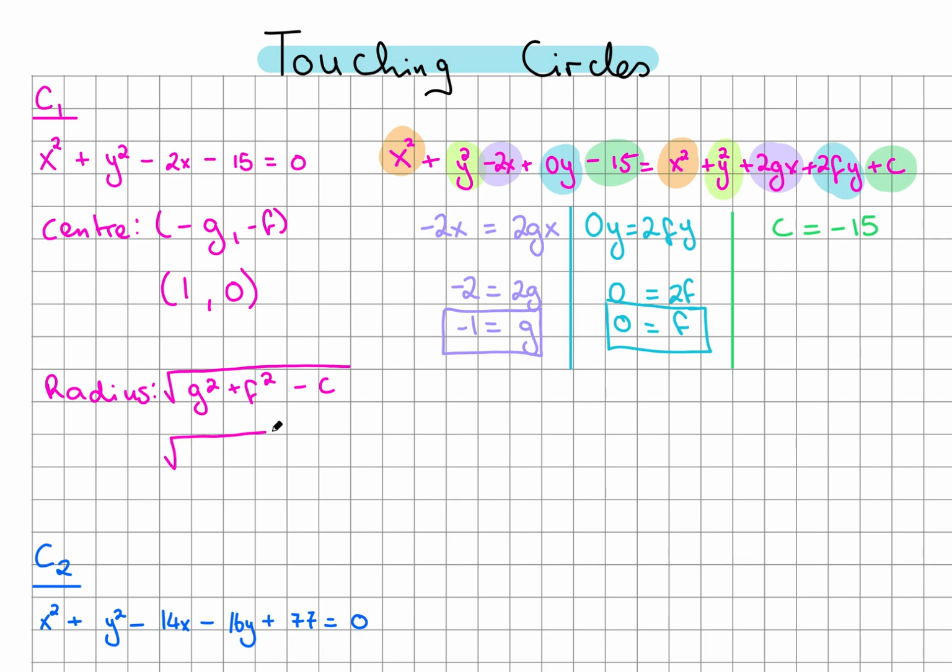If I fill into that formula, I'm going to get the square root of minus 1 squared plus 0 squared minus minus 15. Be careful here: minus 1 squared is 1, plus 0 squared, minus minus 15 is plus 15, which is equal to the square root of 16, which is equal to 4. So we get a nice value for our radius there. We've got our center and our radius.